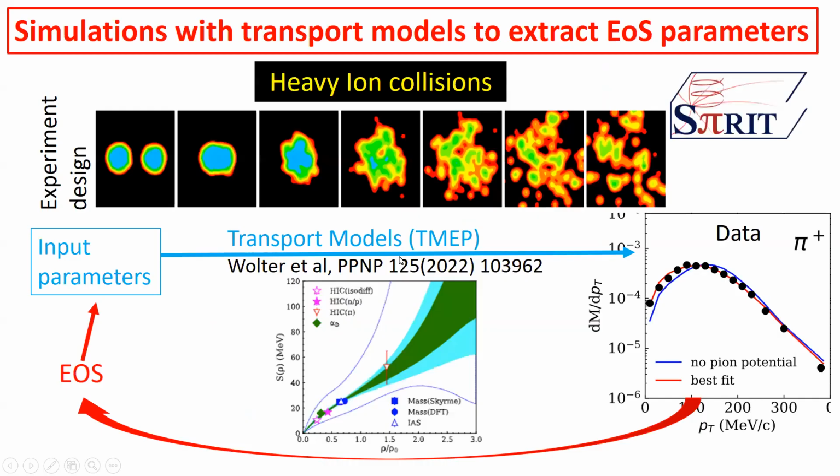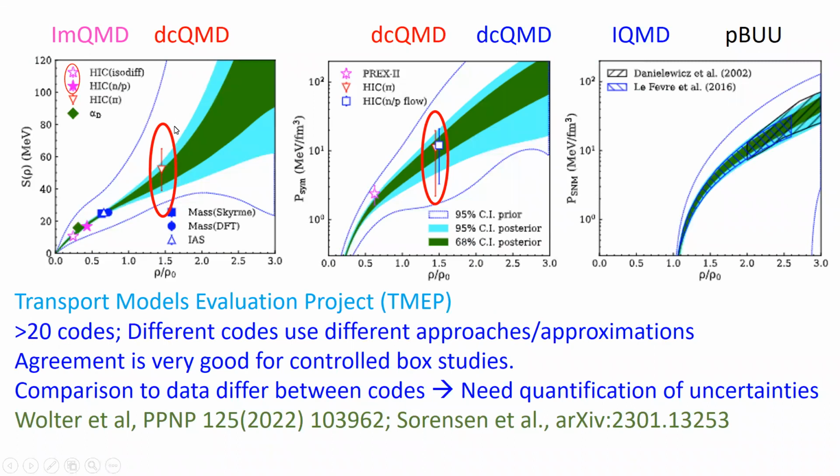Okay. So let me just go through this very quickly. I already showed you that the heavy ion collisions have, especially at 1.5 rho 0, a very large error. That's coming from the fact that for all heavy ion collisions, the data has to depend on transport models in order to extract the equation of state.